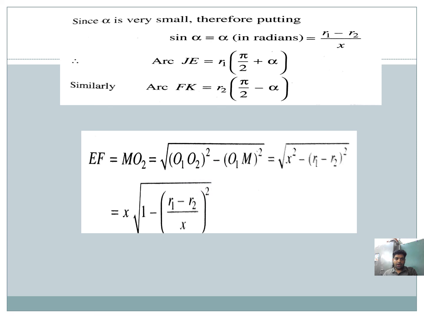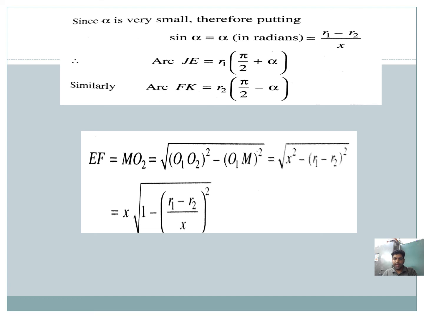Now find out the value of EF. You can see in the figure that EF equals MO2. So we apply the Pythagoras theorem: root over (O1O2 whole square minus O1M whole square). In place of O1O2 we put x, as O1O2 is the distance between the two pulleys.